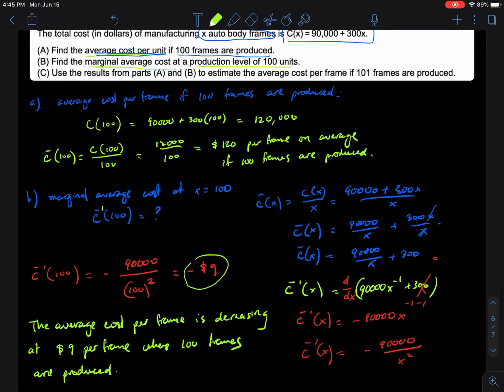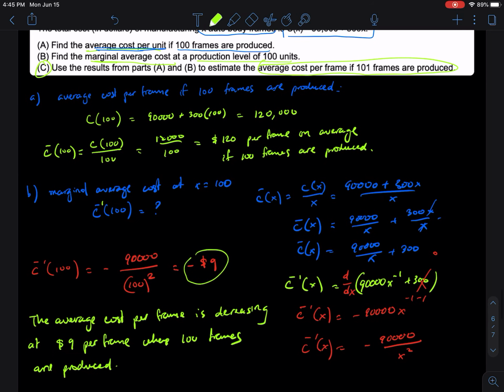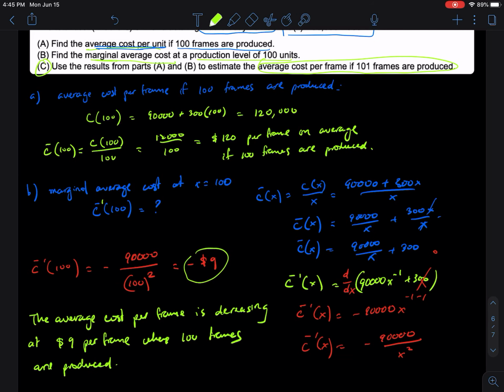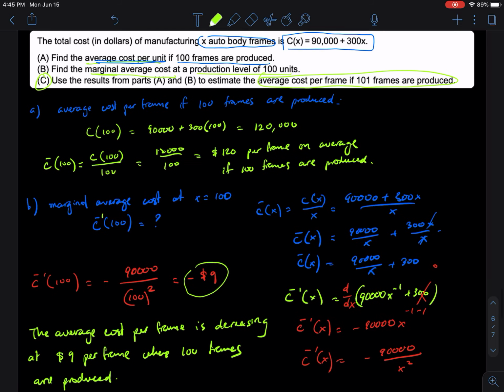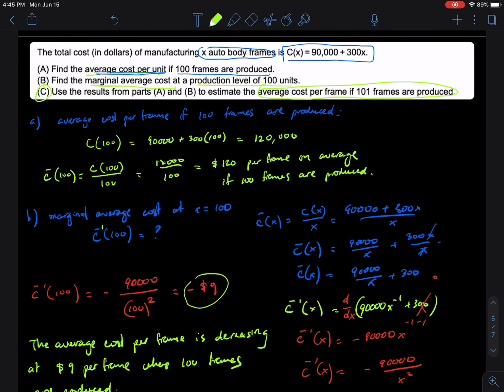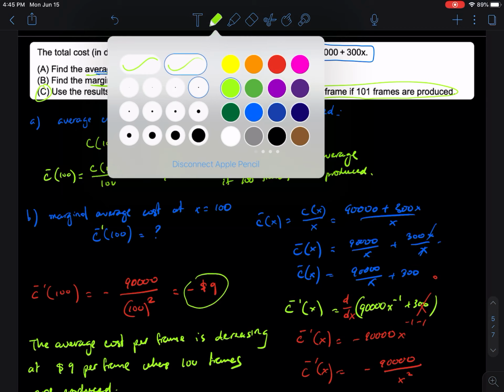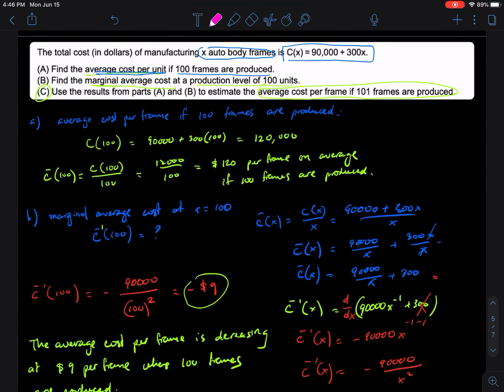Part C is asking us to use parts A and B to estimate the average cost per frame if 101 frames are produced. So how do we do this here? The average cost of producing 100 frames is $120 per frame, and it is decreasing.